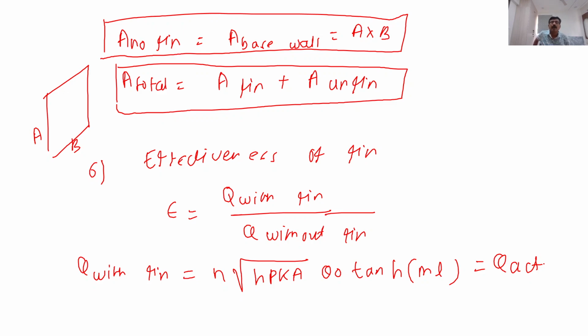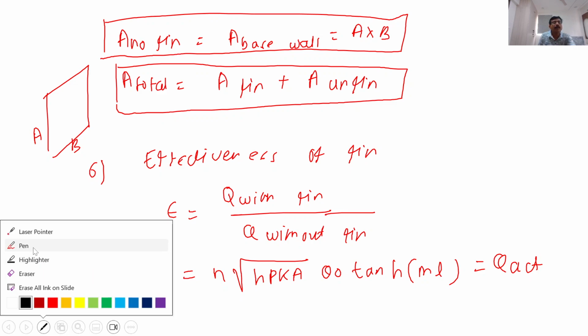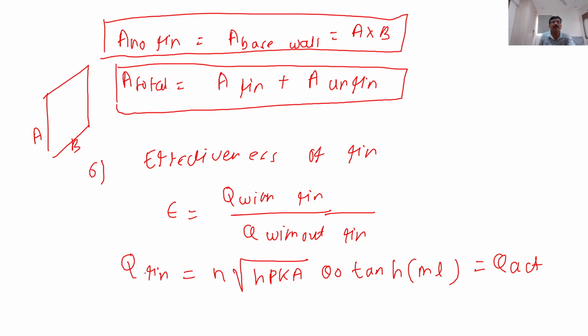Okay. Just a minute. I need to make a correction here. This is not practically Q with fin. It is only Q fin. So please remove this. It is only Q from the fin where the base is not involved. But remember, fin and base are combiningly transferring the heat to the surrounding.